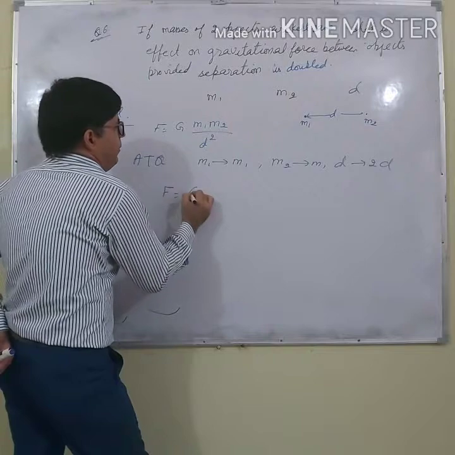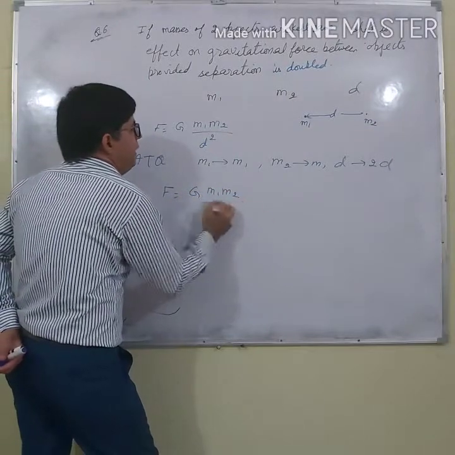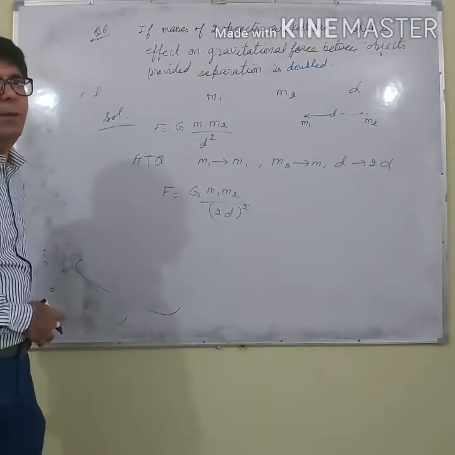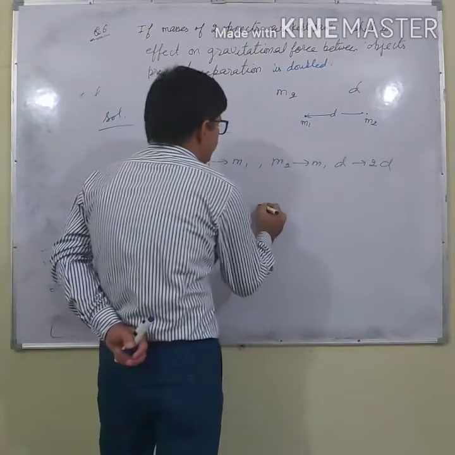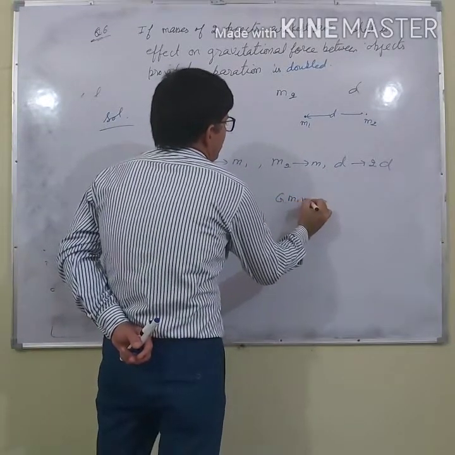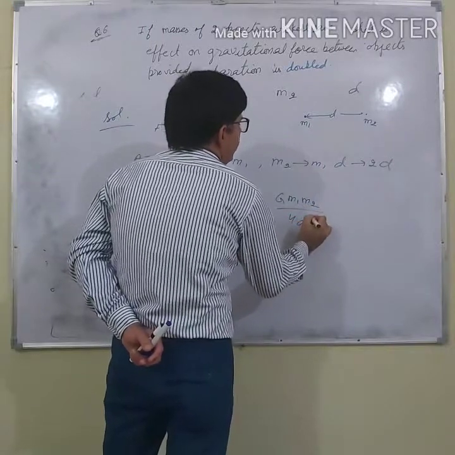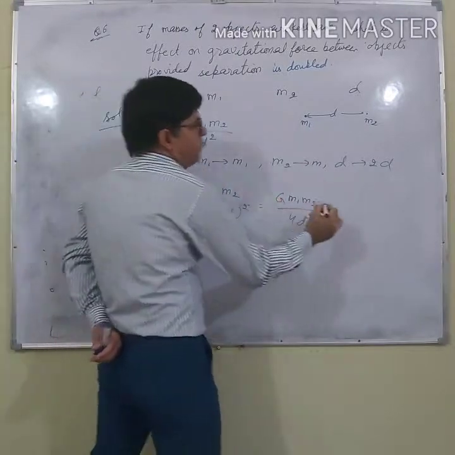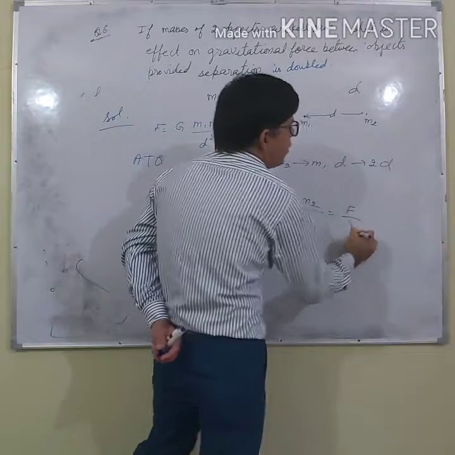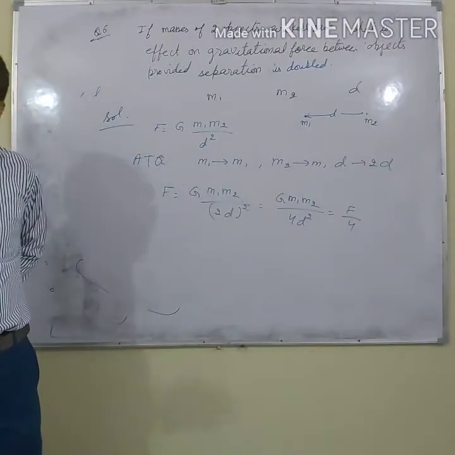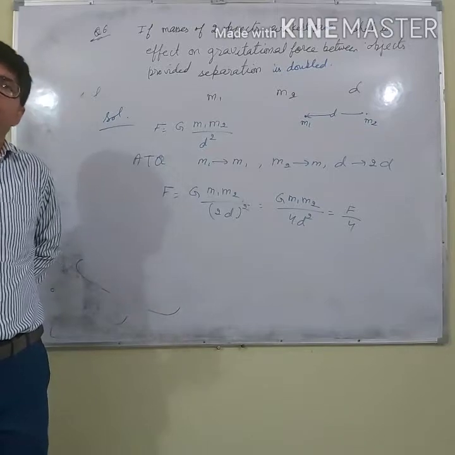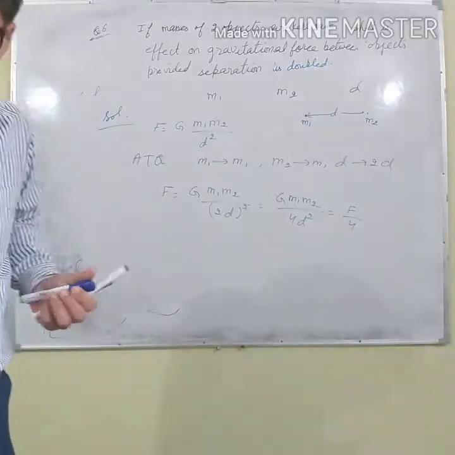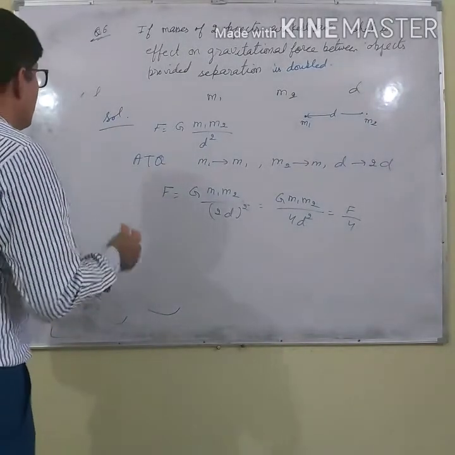So F new equals capital G m1 m2 by 2d whole square. Don't just write 2d square. 2d whole square. This is the common mistake which students make. G m1 m2, 2 2s are 4, 4d square. And G m1 m2 by d square, what is this? F. So I can say F by 4. So force is reduced to 1/4 of its value. So in this case, force will decrease. Okay, let's move to question 7.